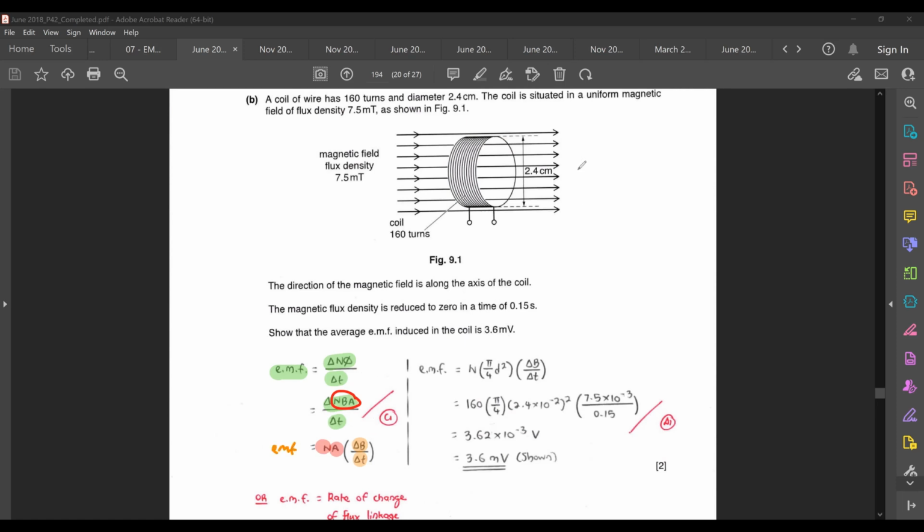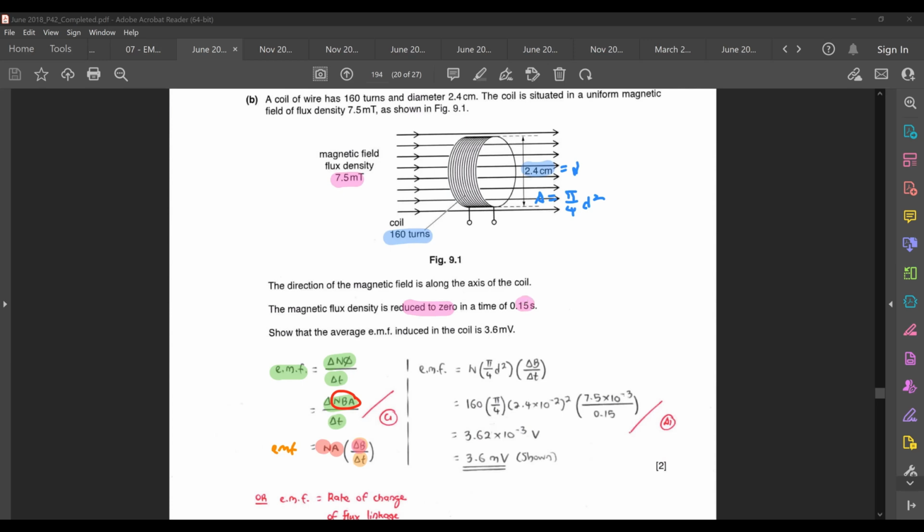So your number of coil turns is something that you already know as 160 turns. And then when it comes to your cross-sectional area, since you're given the diameter here, your area is thus π over 4 d squared. You can find out the area from that. And then when it comes to the change in flux density, you already know that it's changing from 7.5 millitesla to 0 in a time of 0.15 seconds.